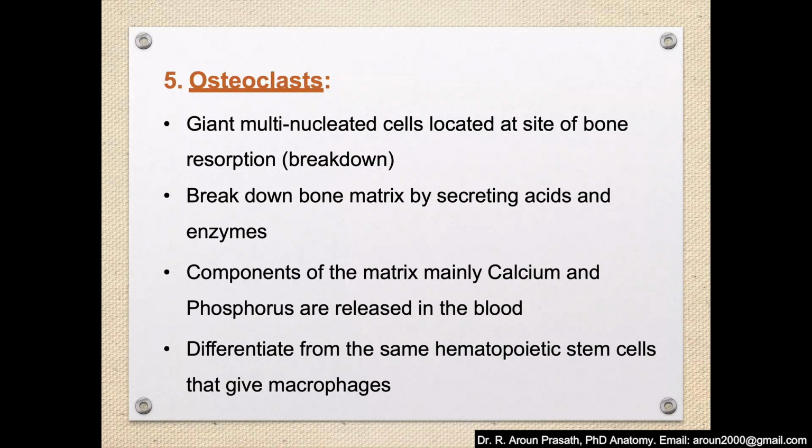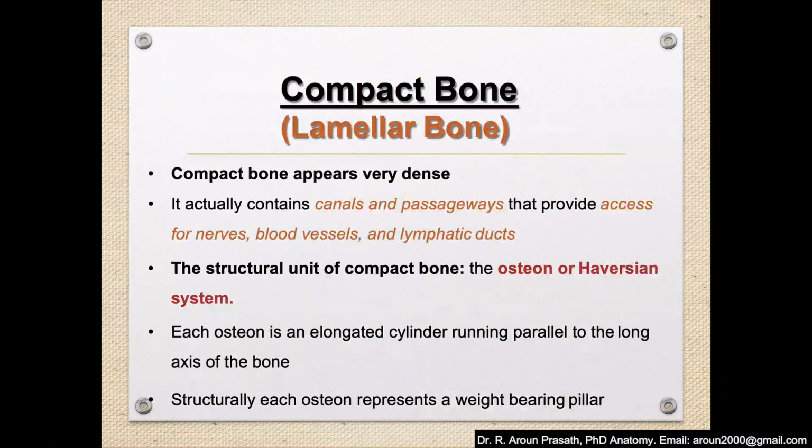As I told you, multiple cells join together to form the osteoclast. They break down bone matrix by secreting acids and enzymes. Components of the matrix, mainly calcium and phosphorus, are released into the blood. They differentiate from the same hematopoietic stem cells that give rise to macrophages.